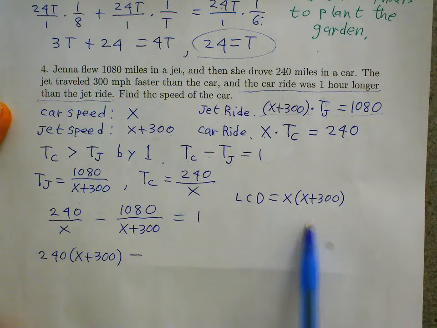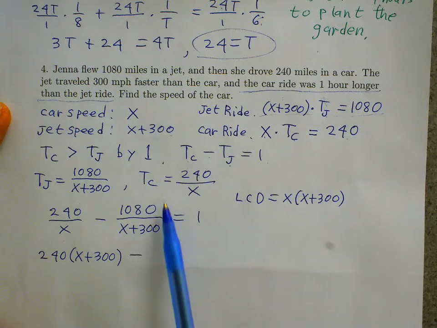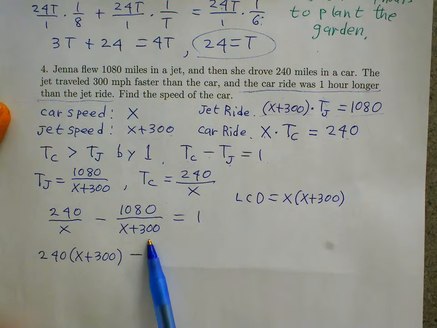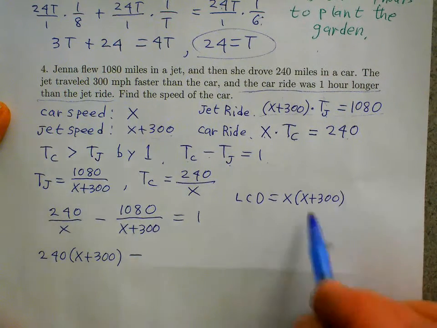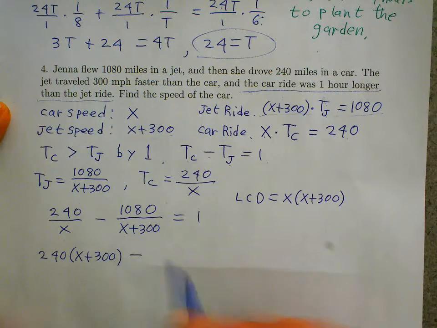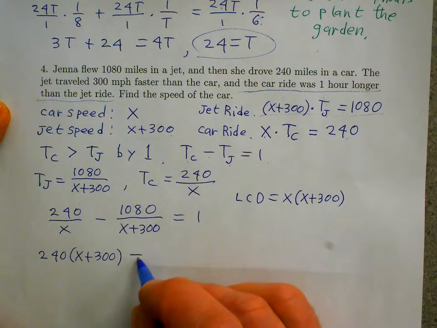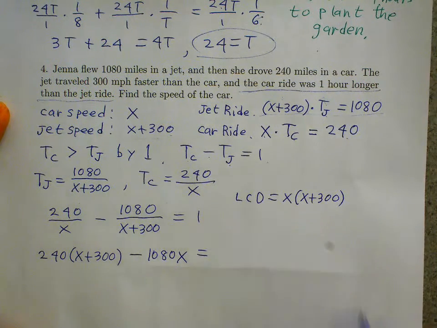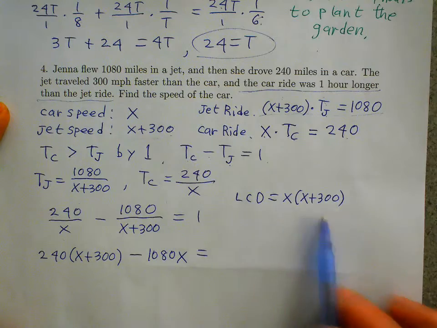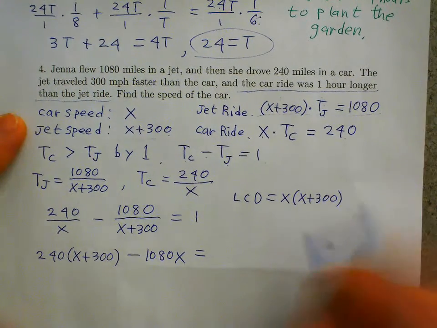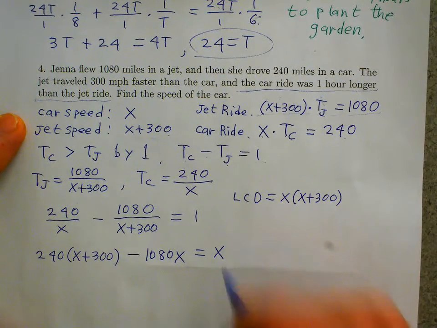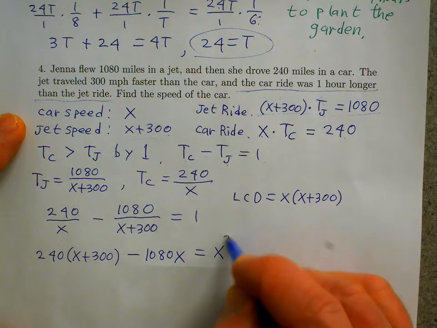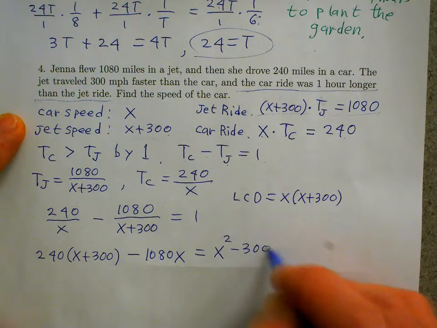And then multiply the least common denominator by 1,080 over x plus 300. The x plus 300 binomials cancel, so we get minus 1,080x. And then on the right-hand side, we're just going to multiply 1 times the least common denominator. When we multiply x times x plus 300, we get x squared plus 300x.